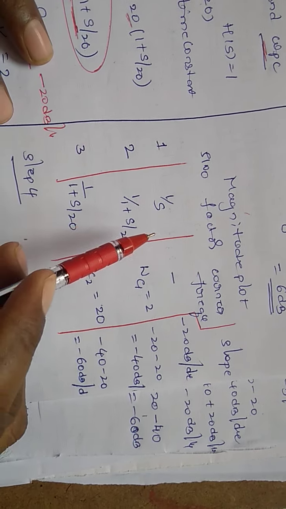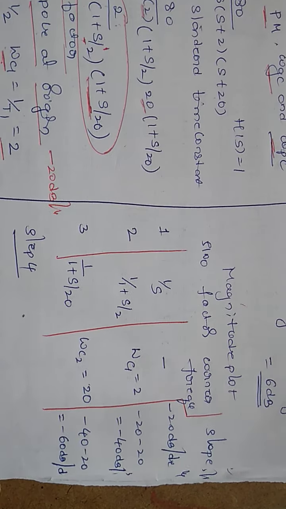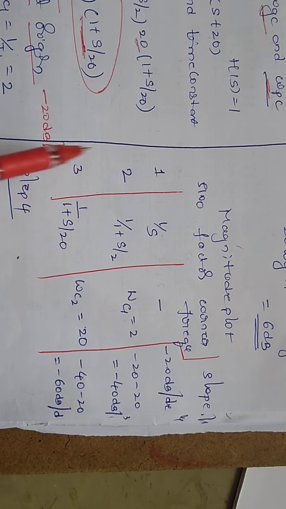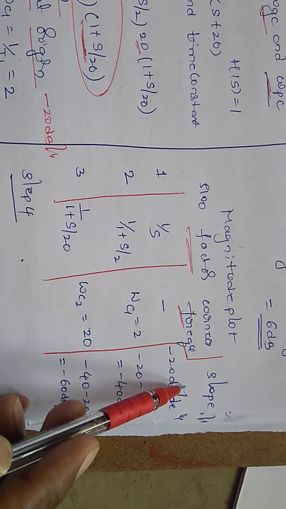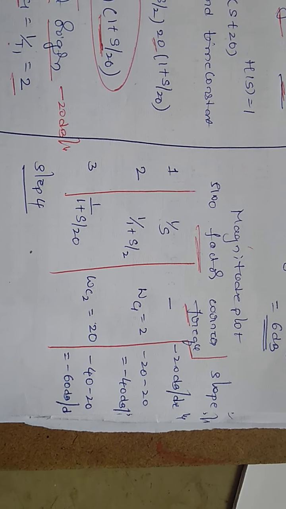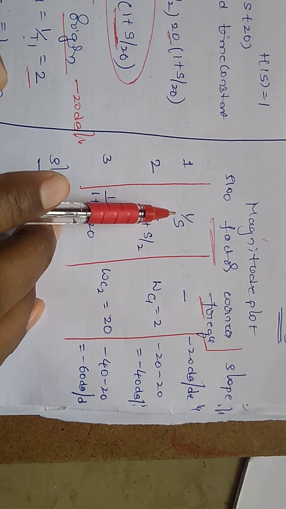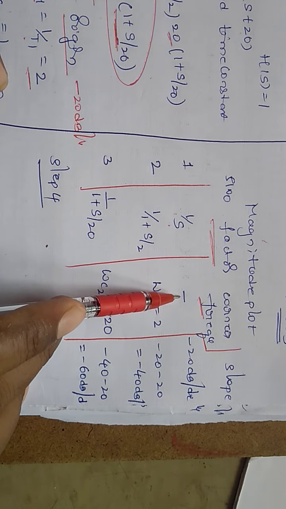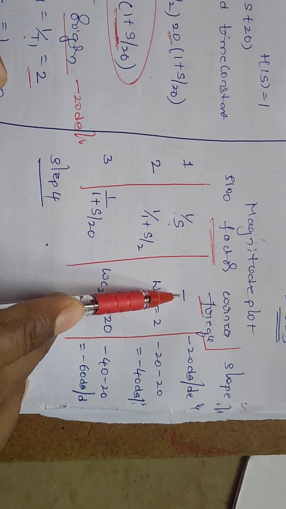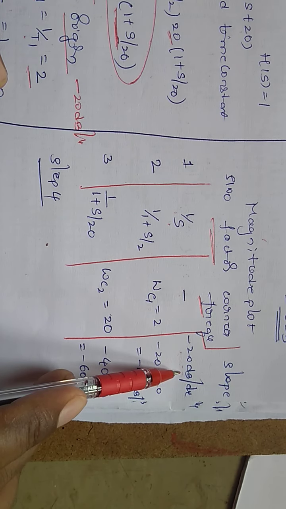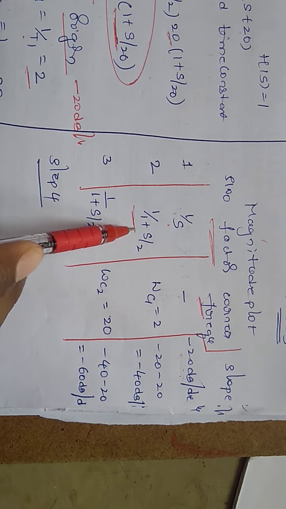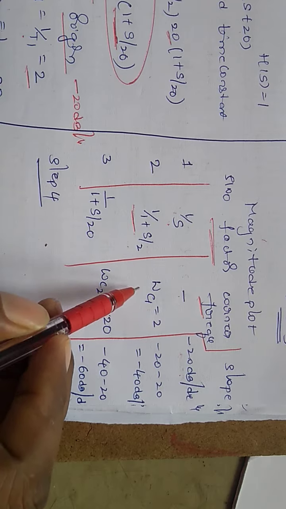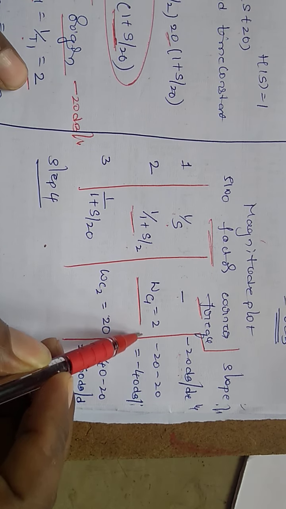Then for magnitude plot analysis, you have to use this equation. Write the factors, then frequency, then slope. Here the first factor is 1 by s. There is no frequency because it is 1 pole at origin, and the slope magnitude is minus 20 dB per decade. Then the second factor 1 over 1 plus s by 2. Then omega c is known, that is 2.